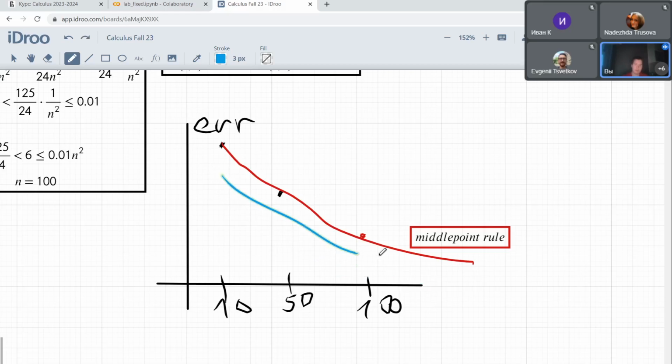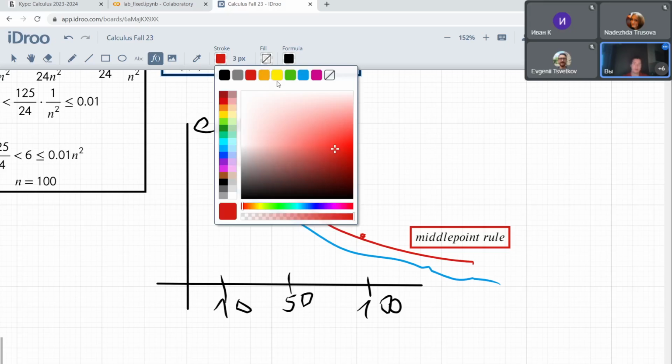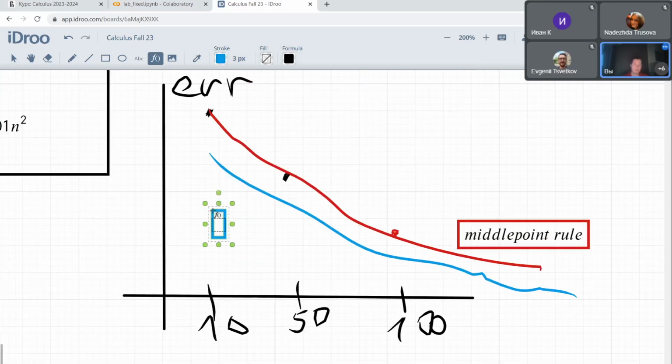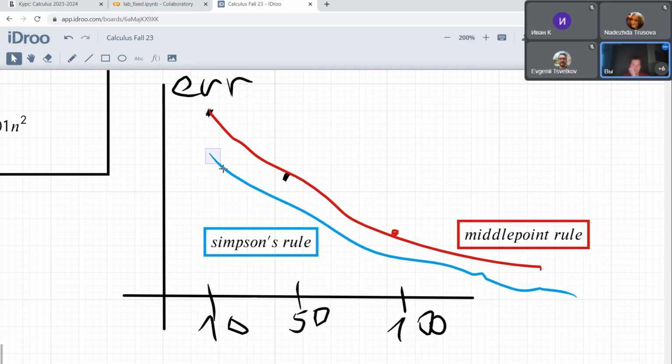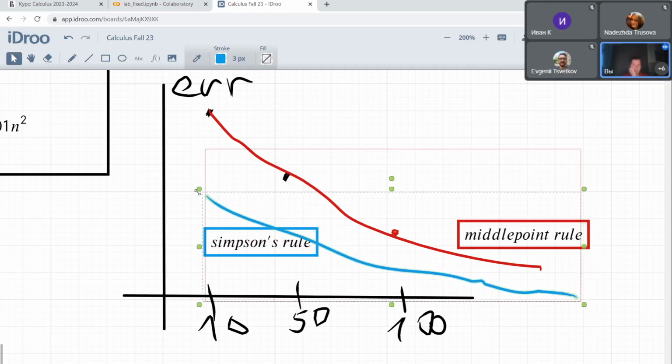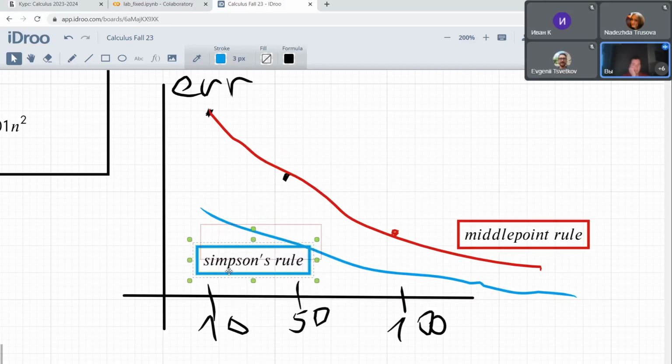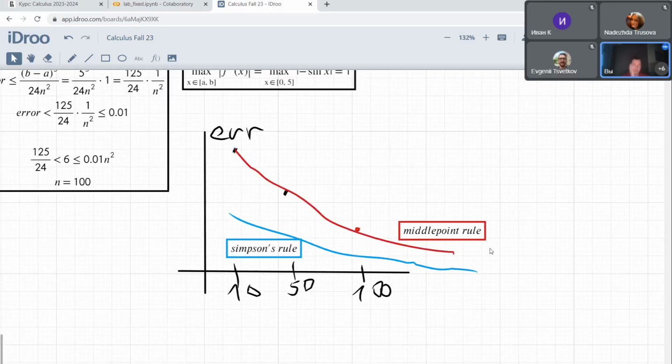I don't know. I have no skill in drawing, as you can see. And this one for Simpson's rule. Of course, we expect a lower error for Simpson's rule in comparison with the middle point and trapezoidal ones.